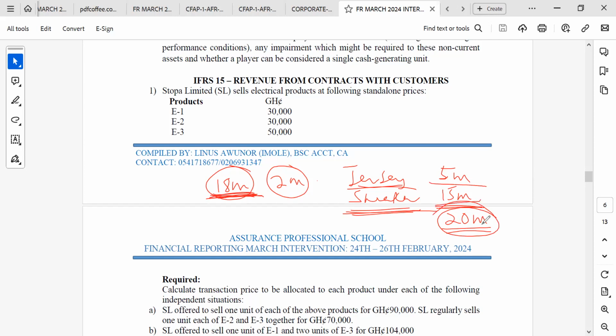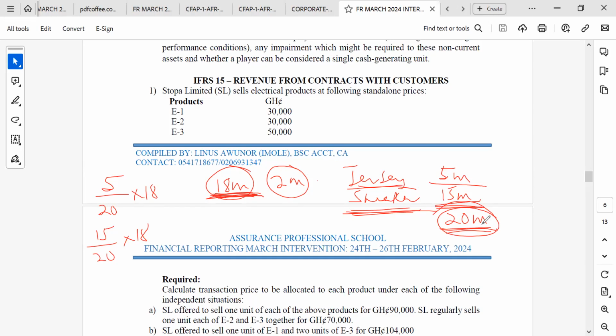So it means that the 18 now is for 20. So how do we share it? We take their individual prices over the total price times the price that they are giving to us. So 5 over 20 times 18, that will be for Jesse. Sneaker will be 15 over 20 times 18. We use their respective selling prices to now share the amount that you are receiving.